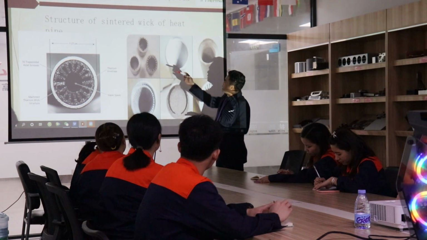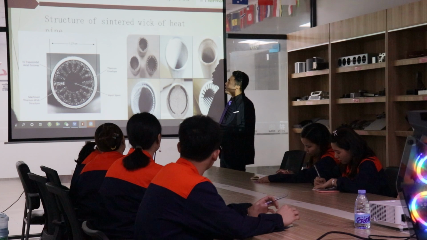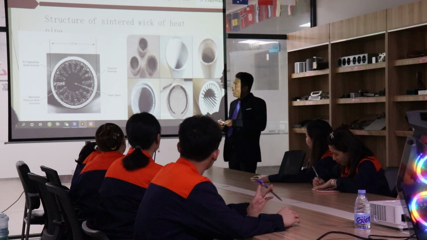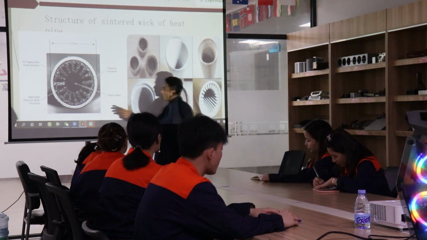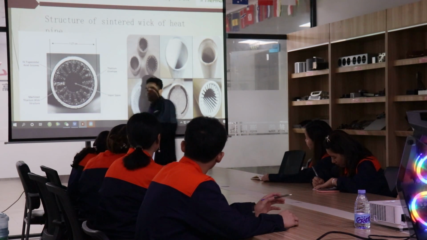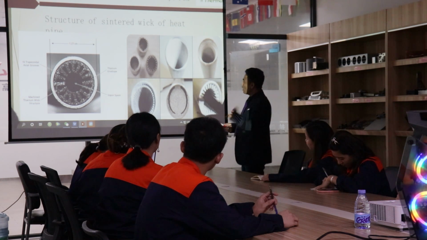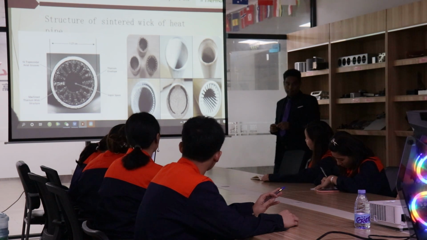The wick structure and sintered wick are the main function of heat pipe technology. Each and every heat pipe must use a first medium inside. The name is PCM. Next we are going to explain the PCM.